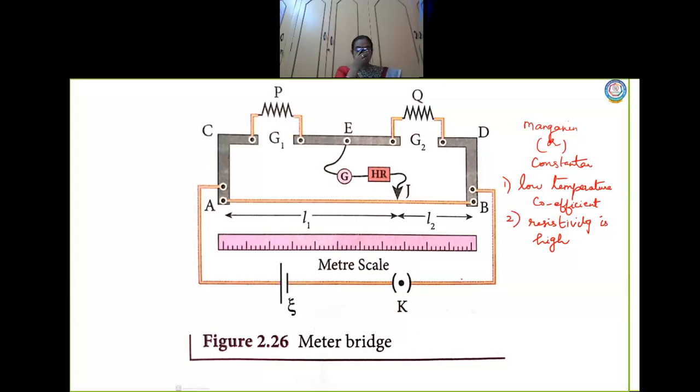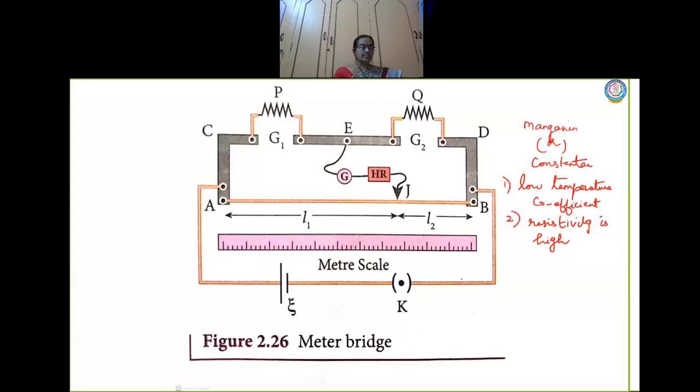So what happens? Now all these are in contact, right? In that case, because copper is a conductor, you may have what is called an end resistance, which may disturb the reading we are taking.